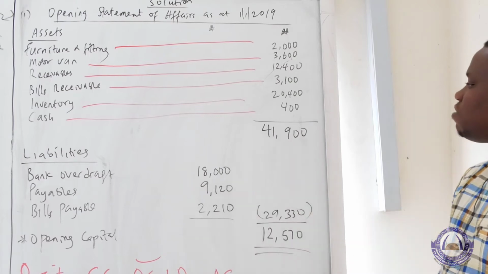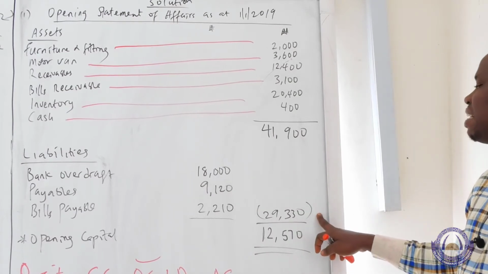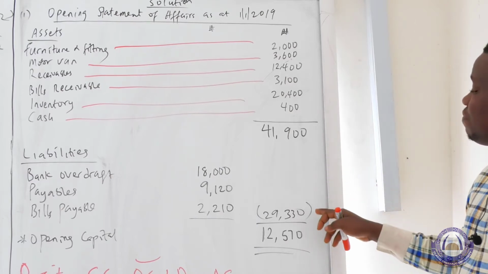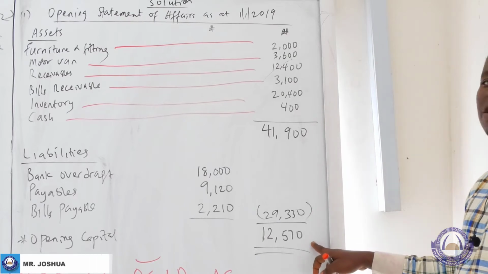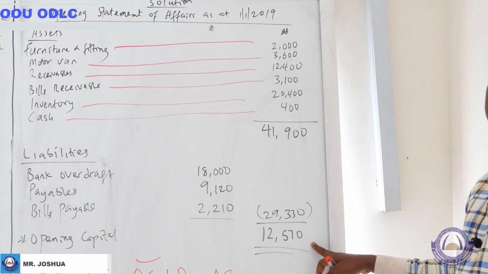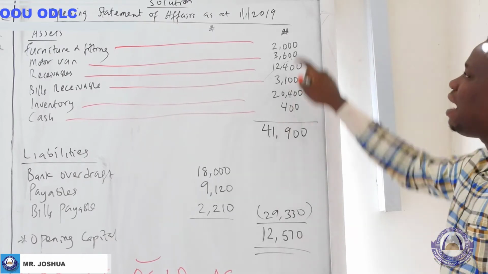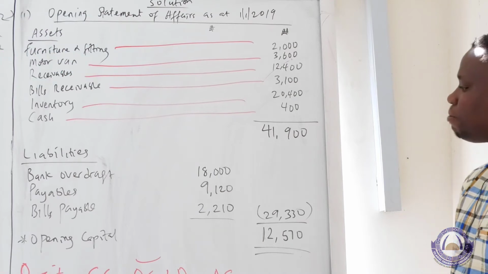If you sum all of these liabilities together, it gives a total of 29,330 naira. And if you deduct the liabilities from the assets, we'll be having 12,570 naira as the opening capital of Mr. Okpe at the beginning of year 2019.